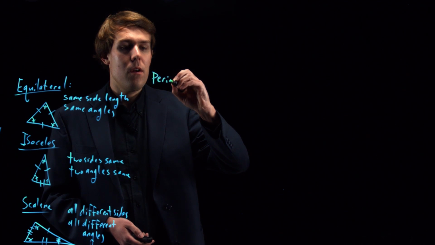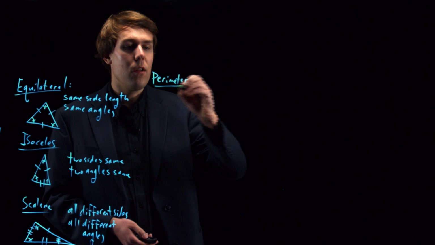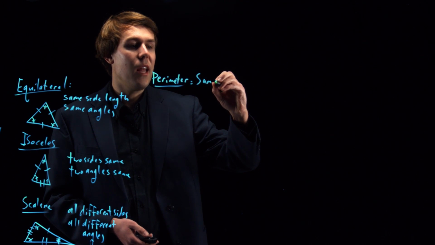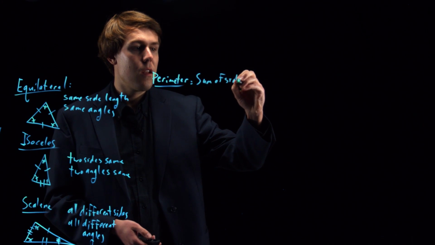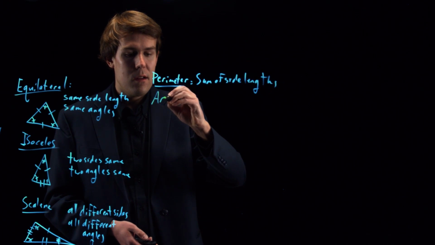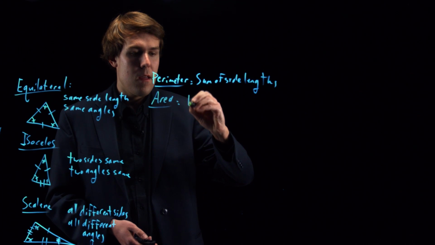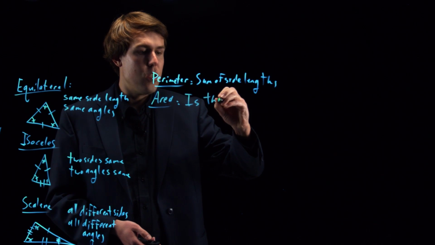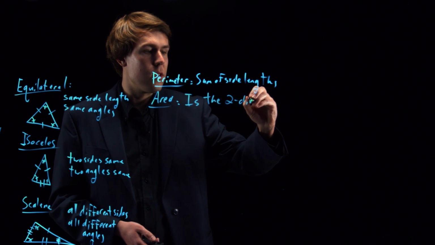So the perimeter of a triangle is the sum of its side lengths, and the area is the two-dimensional space it encloses.